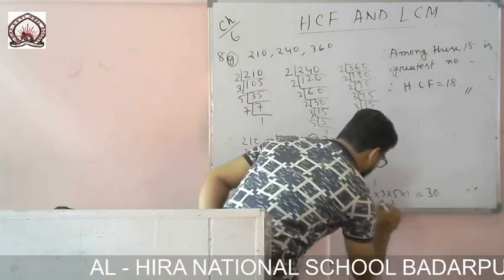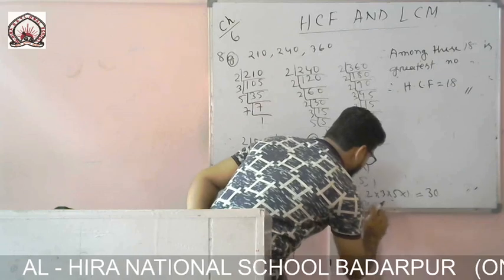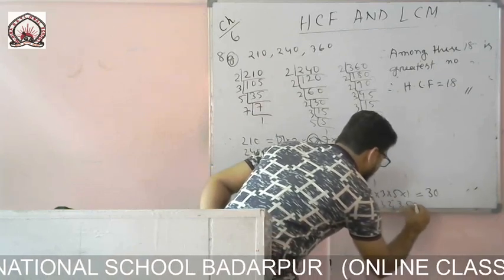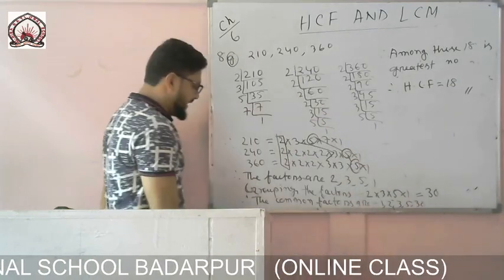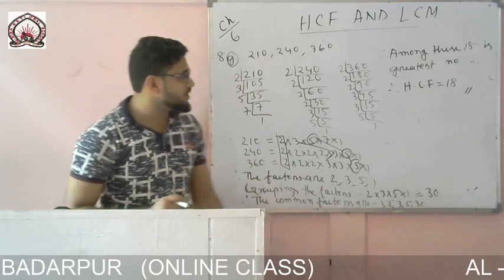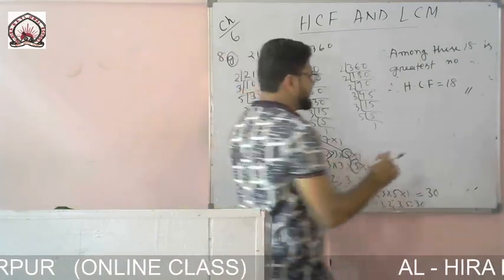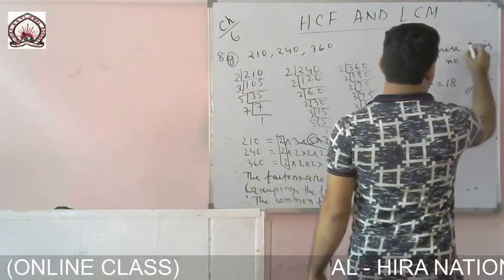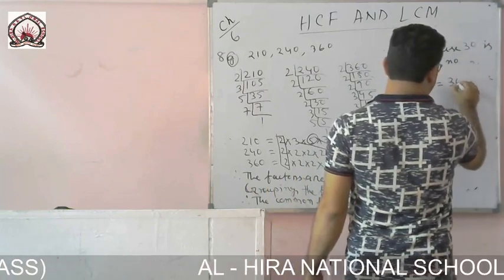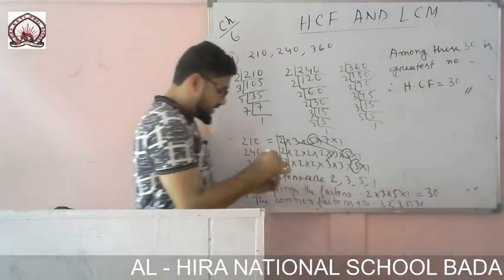Write like this, from serial: 1 2 3 5 30. So you see, among this who is greatest? 30 is the greatest. So 30 is the what? HCF. That is the HCF. Okay.